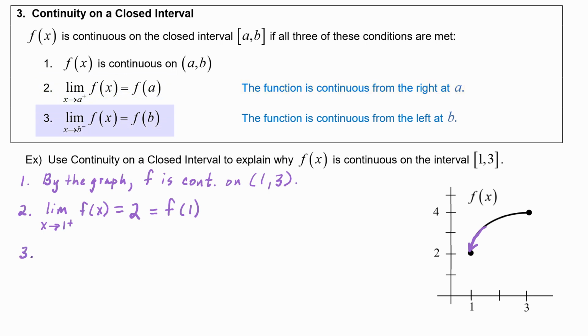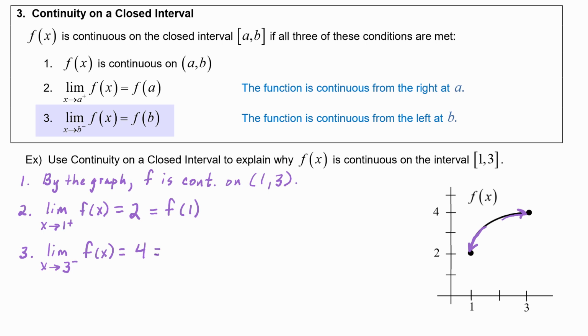Third, we have to do the limit as x approaches the right endpoint, which is 3, from the left of f of x. Now, as x gets closer and closer to 3, coming in from the left, we can see that the y value is getting closer and closer to 4.